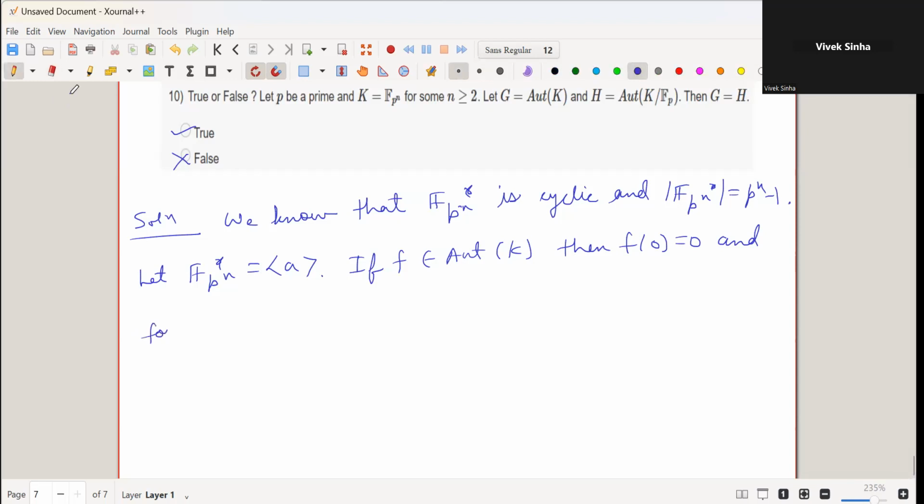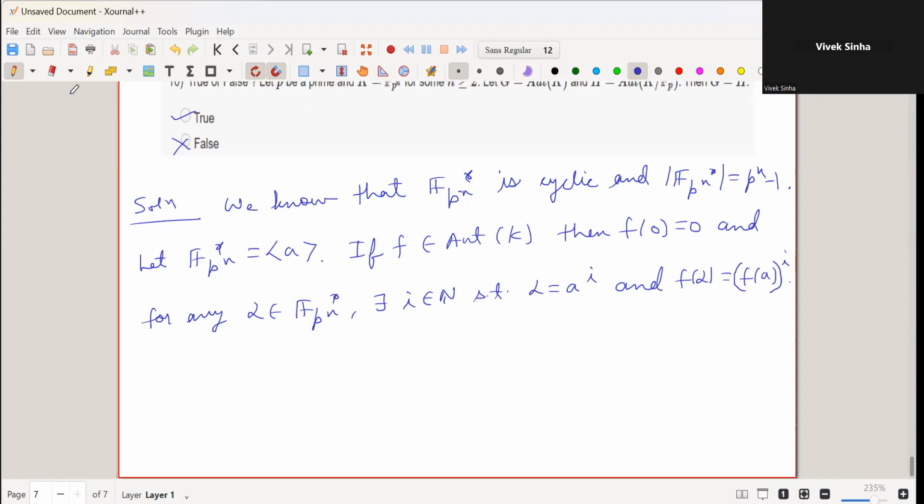And for any alpha belonging to F_{p^n}*, there exists i in N such that alpha is a^i, and of course f(alpha) is nothing but f(a)^i, because it's an automorphism, right?